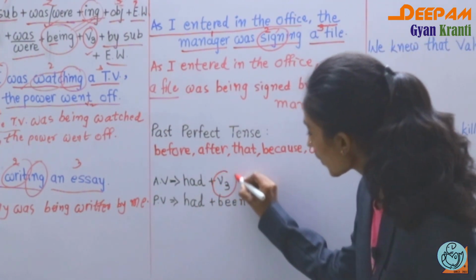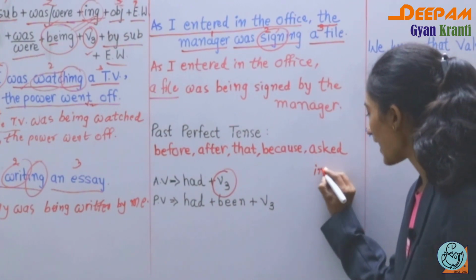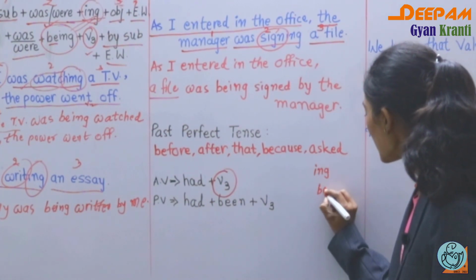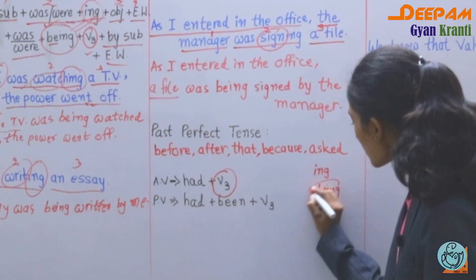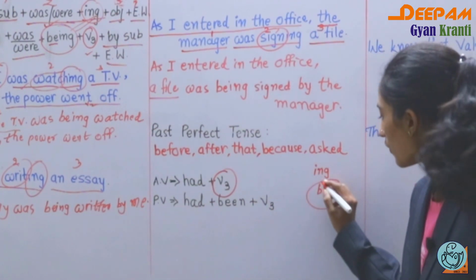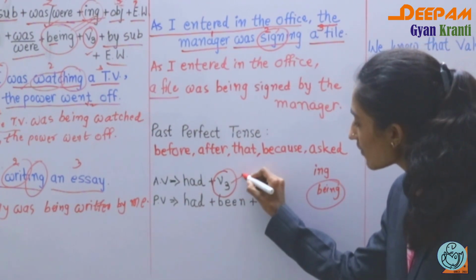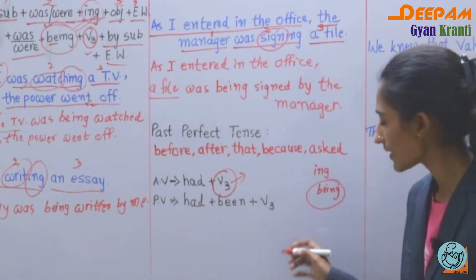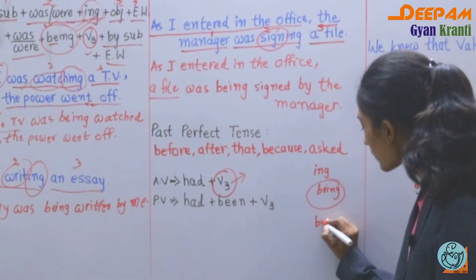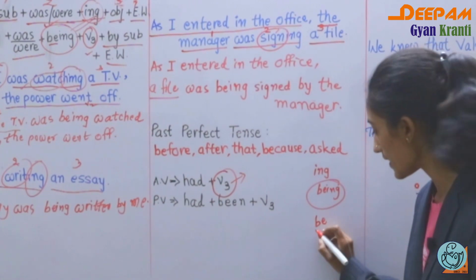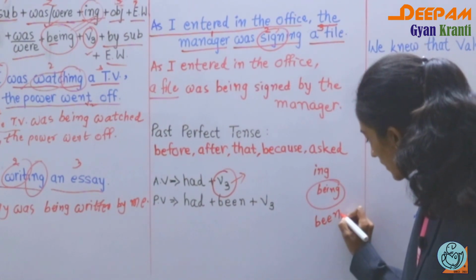Now see, V3 is given to you. Suppose ing is given to us, so we write being, means this is the continuous form of be. But here already V3 means past participle is given, so we have to write the past participle of be, so you have to write been, right?